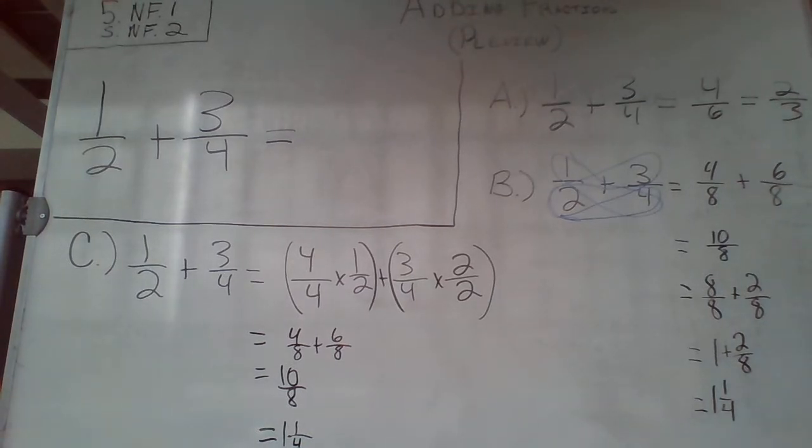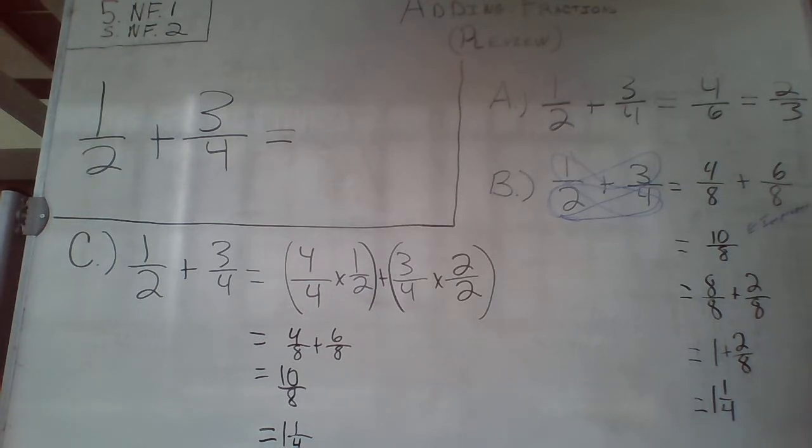So what we got was 4/8 plus 6/8. When we added 4/8 plus 6/8, we got 10/8, right? So 10/8 is a particular type of fraction, right? What type of fraction is it? That's right. It is improper.